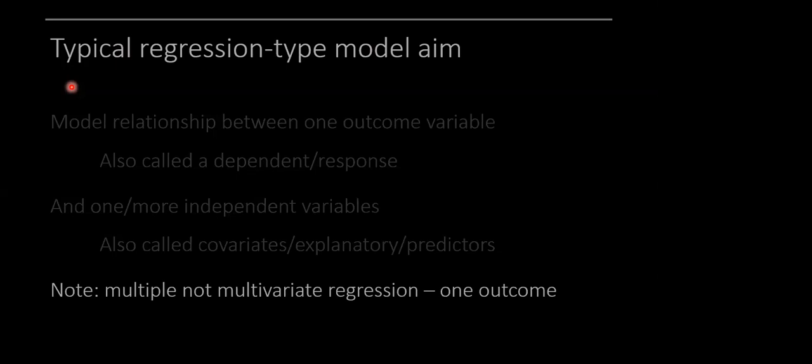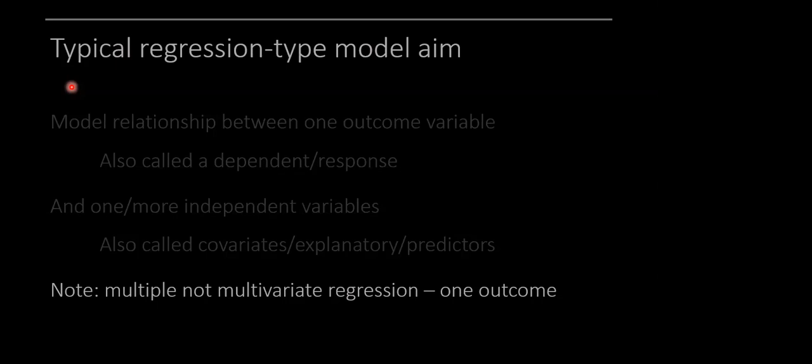And one more bit of terminology. Again, it's not super critical, but there's a tendency to call what is actually multiple regression, where you've got, let's say, 2, 3, 4, 5, however many independent variables and one outcome, multivariate regression. But strictly speaking, that's not correct.